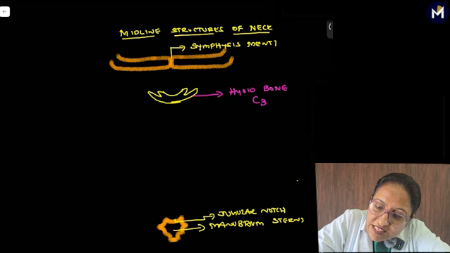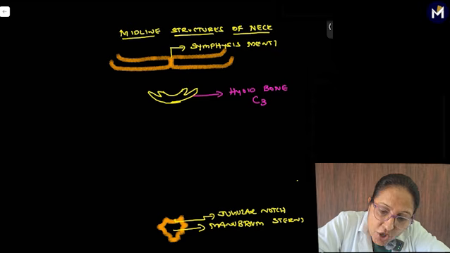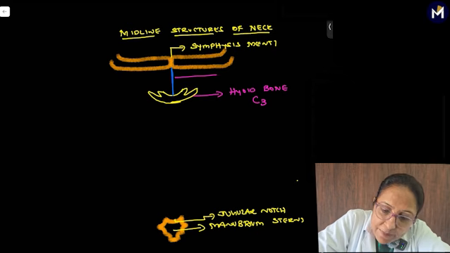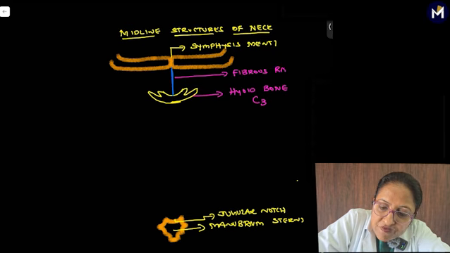Now, from symphysis menti to the body of the hyoid bone, draw one fibrous raphe like this. We'll label this as fibrous raphe.